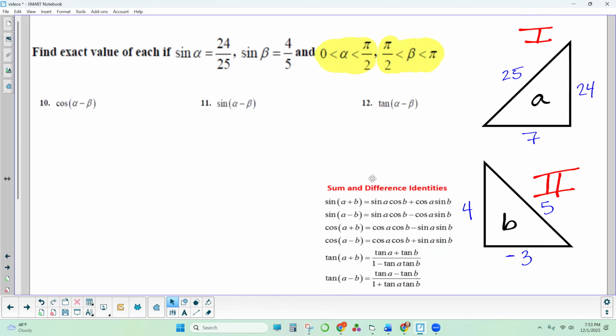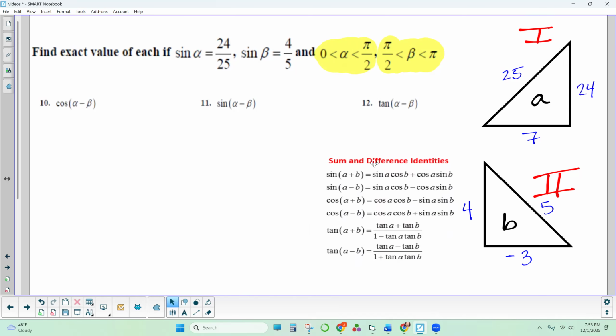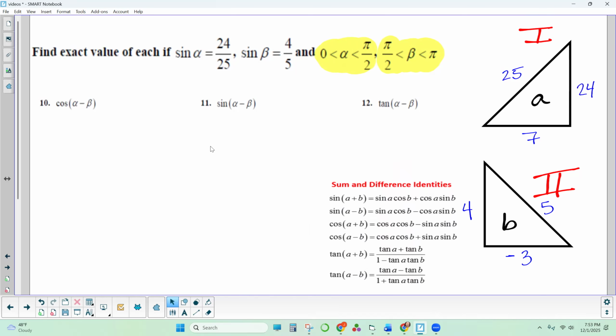So let me pull up our identities here so we can look at them. And first it says, let's use cosine of a minus b. So we're going to evaluate this using that ID right there.